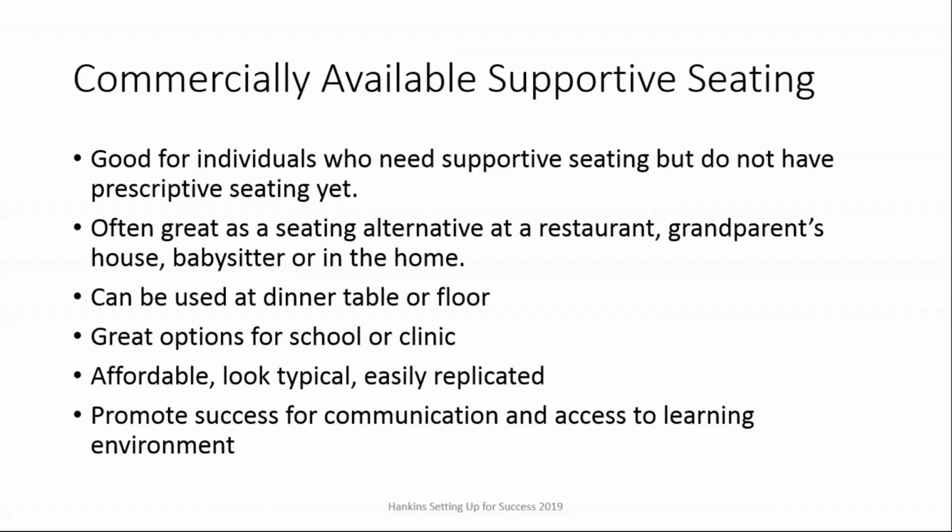Or if you're in a school or a clinic that has limited funding or needs a variety of seating, or you have a lot of therapists in your clinic that fight over seats like they do here, you might need a lot of variety of seats to make sure everyone's needs are met, or to show families what they could use at home.